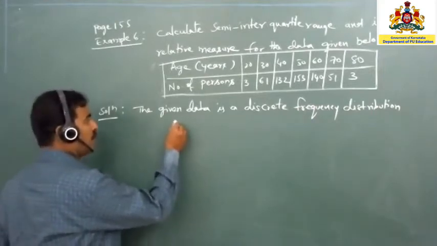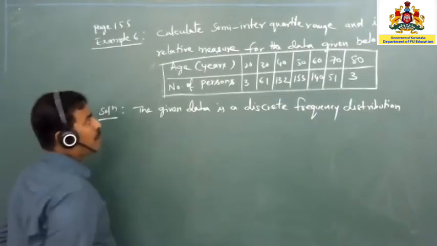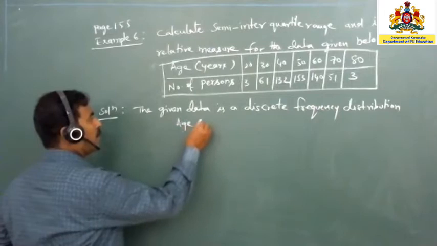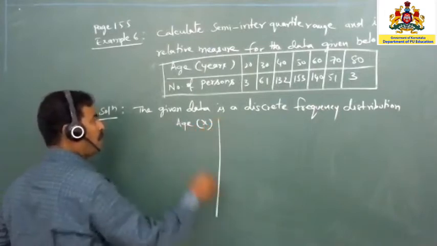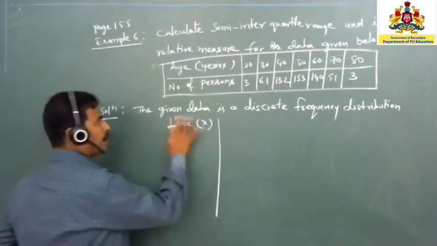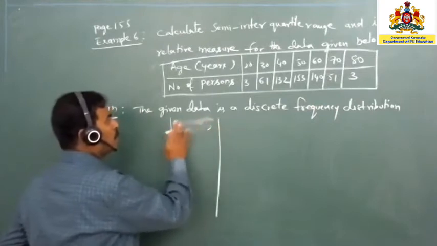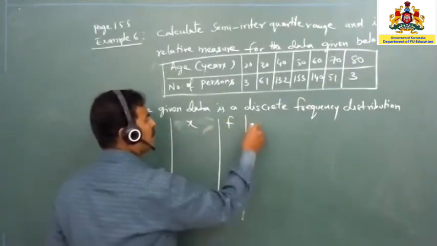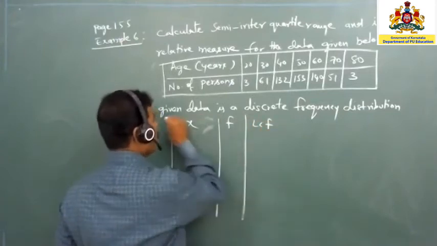So first arrange the data in the form of 3 columns. First age, always age x, or just write x, f and LCF.